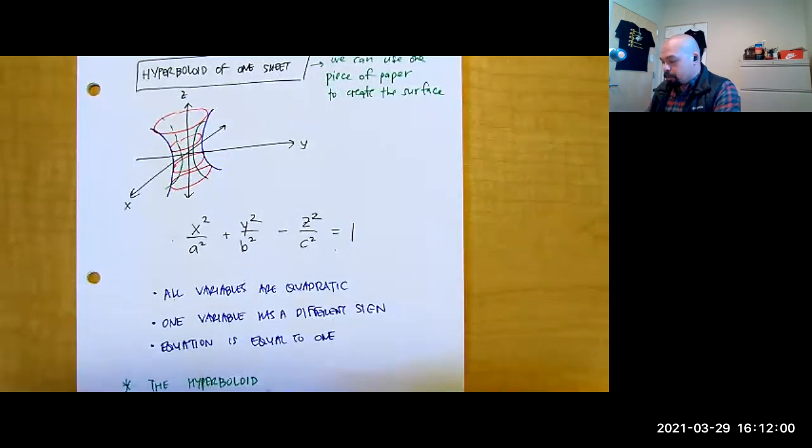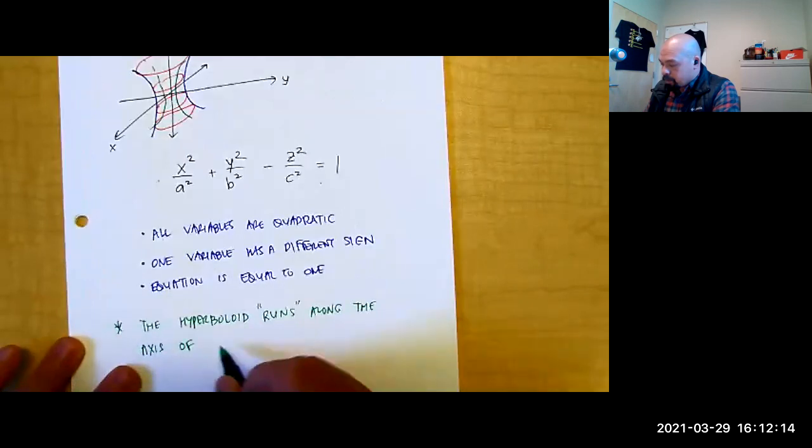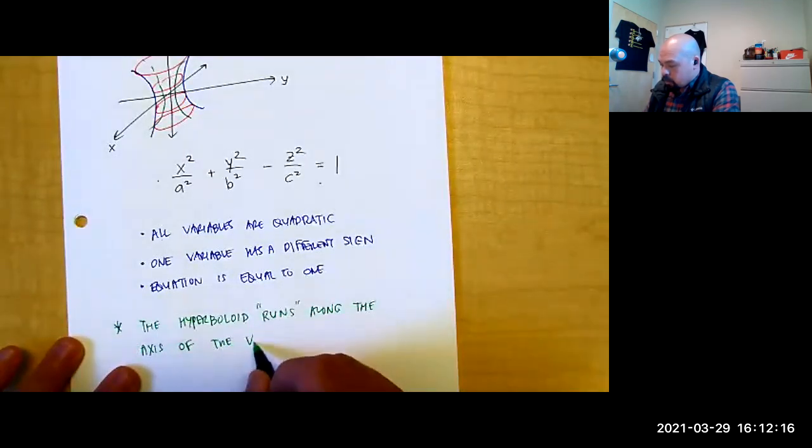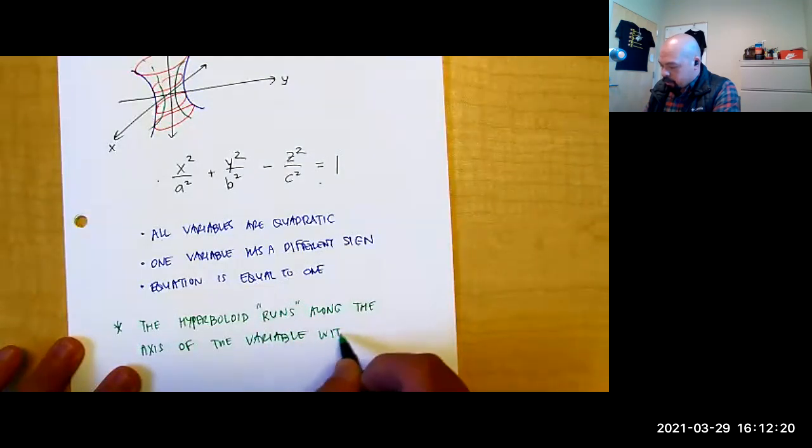And so again, like we talked about before, that hyperboloid is going to run along the axis of the variable with the different sign.